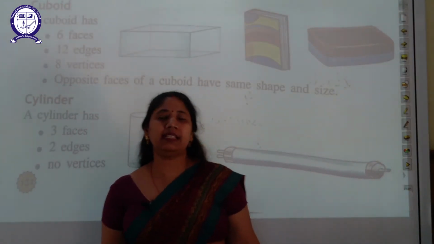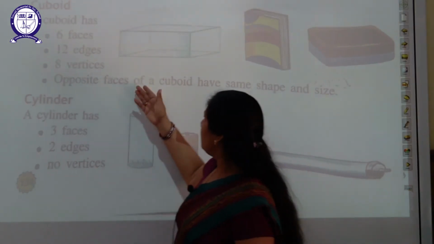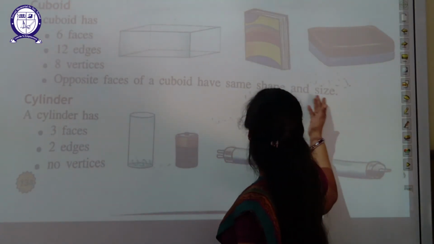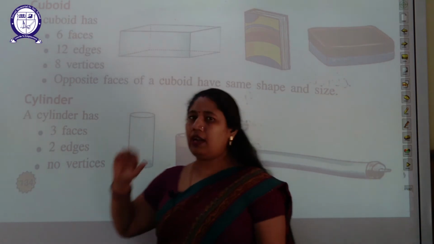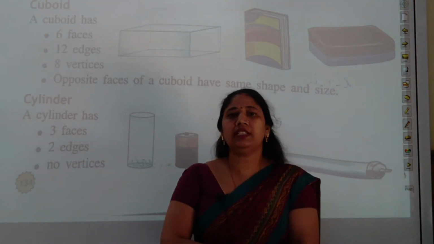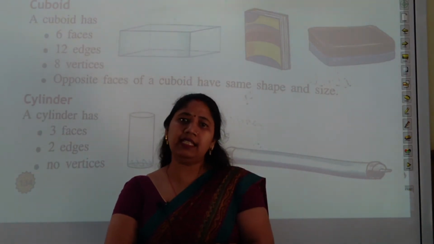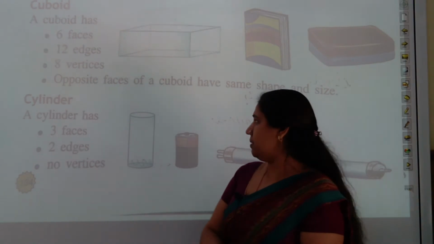So these are the examples of cuboid. Opposite faces of a cuboid having same shapes and sizes. So like rectangular faces, opposite sides of the cuboid are in the same size and same shapes.